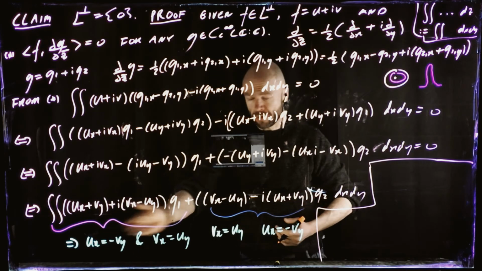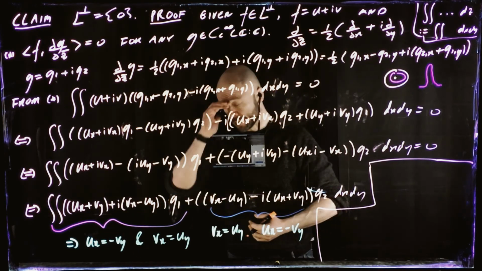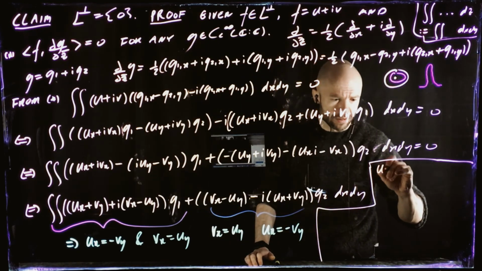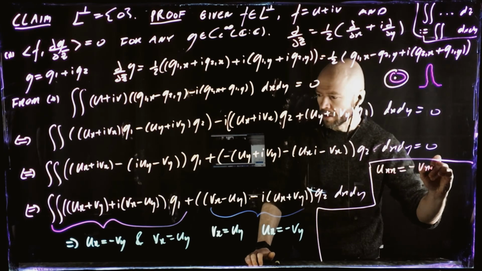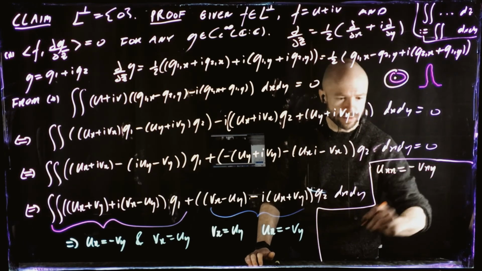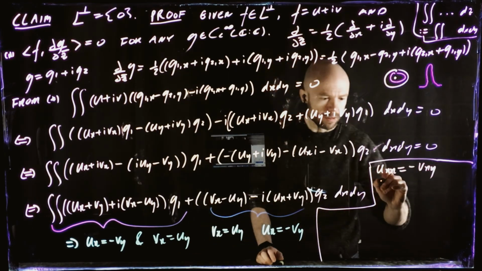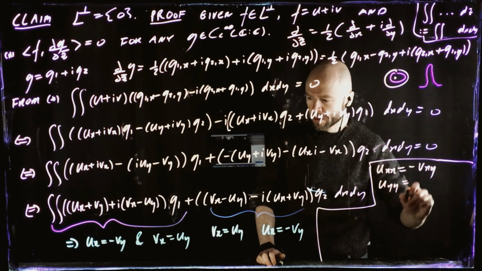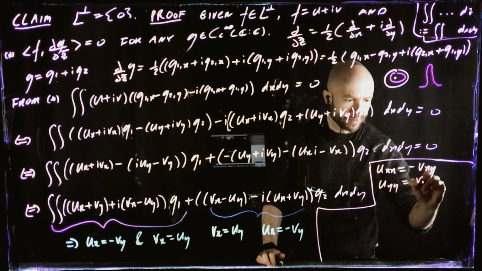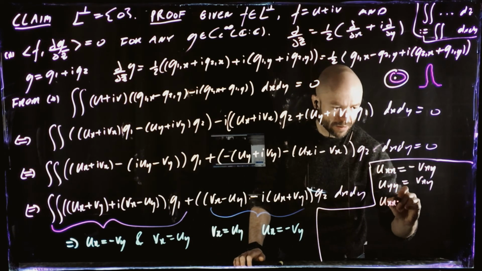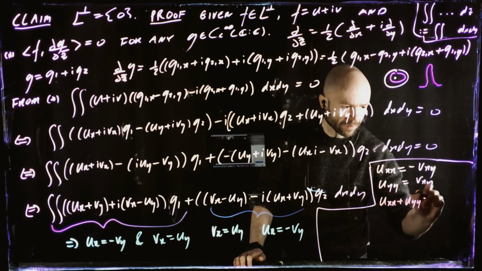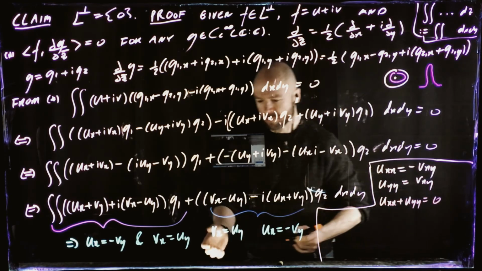Because look, u and v are both C infinity. We can differentiate them as much as we like. So u of xx is the same as minus v of xy, and u of yy is equal to v of xy from this thing. So u of xx plus u of yy is just equal to 0. And the same game for v.